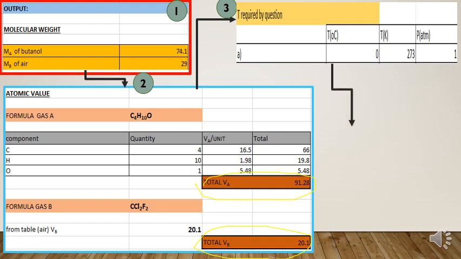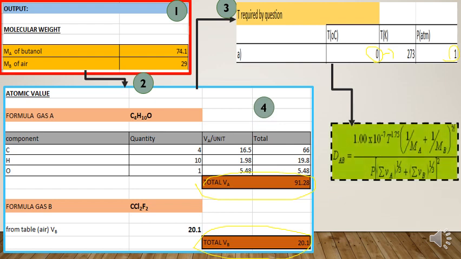First we just focus on condition A, where we have to determine the DAB at temperature 0 degree C or 273 Kelvin and at 1 atm.